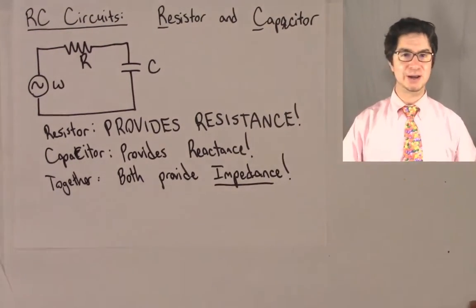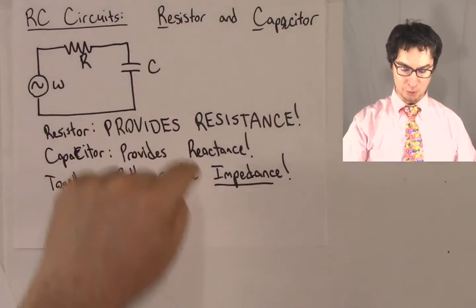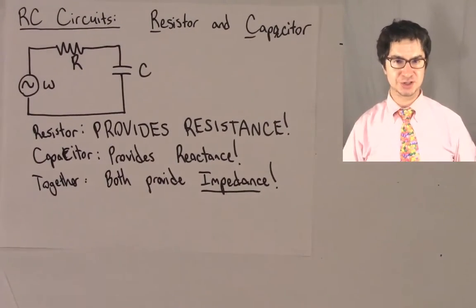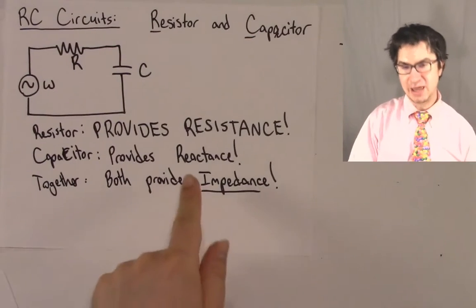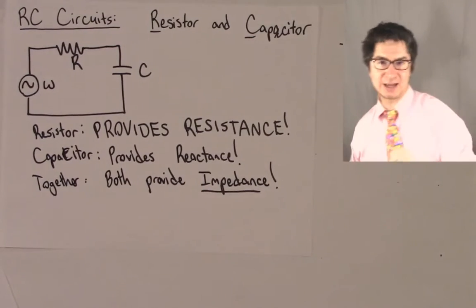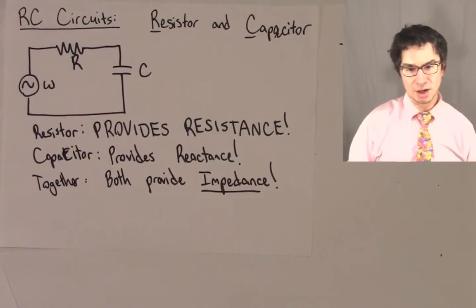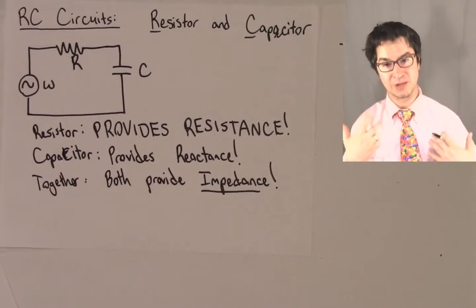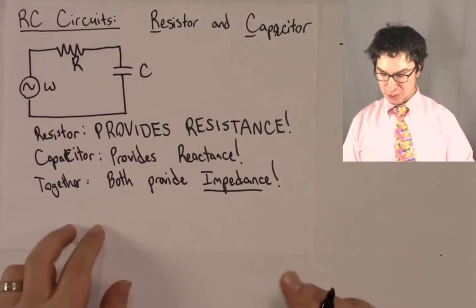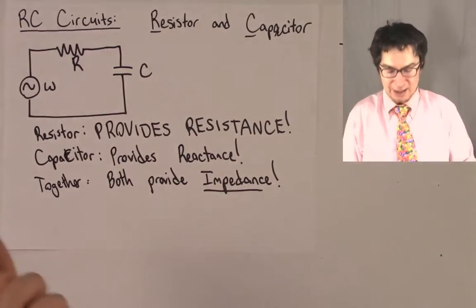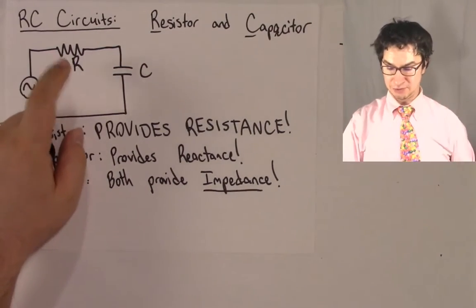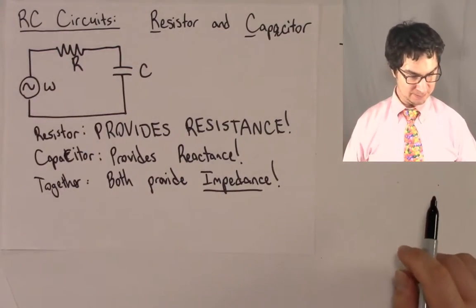And if you think about it, in the English language, these three words kind of mean similar things, right? Resistance is like an opposition. The reactance is like an opposition. I'm reacting, pushing back. The impedance, to impede something, is to slow something down, right? That's an opposition as well. So these all kind of mean, in the English language, a very similar thing. So together, the resistor and the capacitor provide impedance.